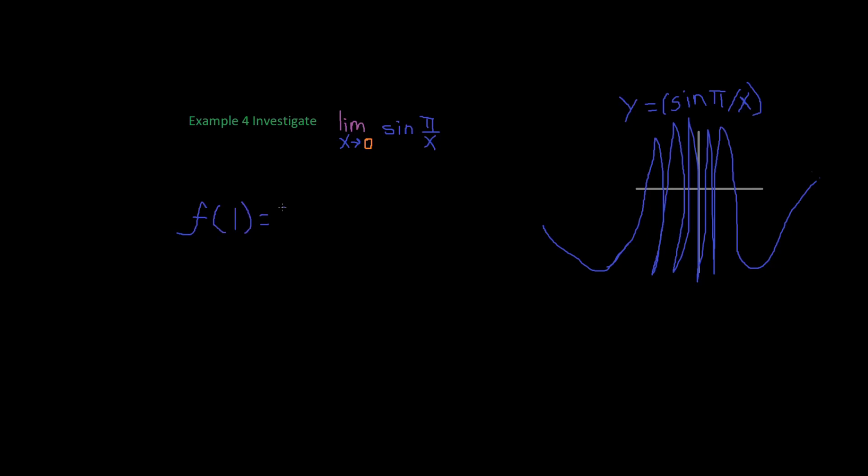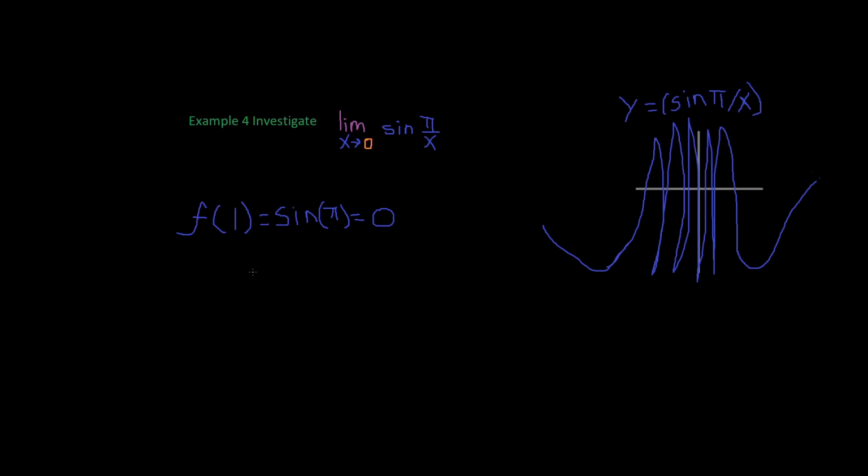What does it give us? You know what happens when sine is pi, and trigonometry will give us 0. So it gives us this assumption that this is going to equal 0. But if you see the graph over here, it definitely is not giving us 0.